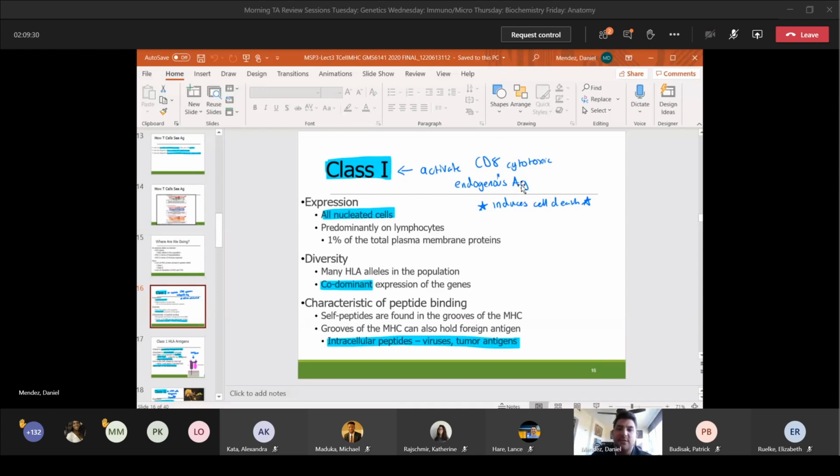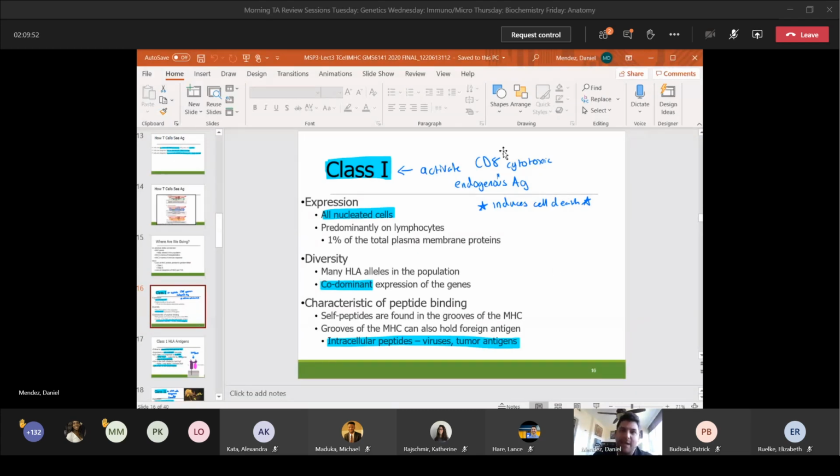These CD8 T cells will induce cell death, so they'll induce apoptosis. So this is how you deal with viral infections as well as cancer, by noticing the endogenous antigen. Then we produce that class 1, then it is recognized by a CD8 cytotoxic T cell, which will then induce apoptosis in the cell. So it's important.